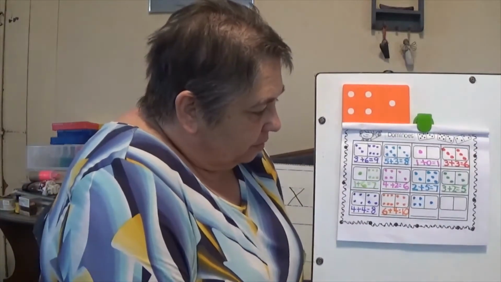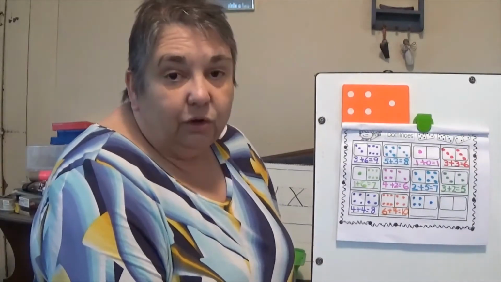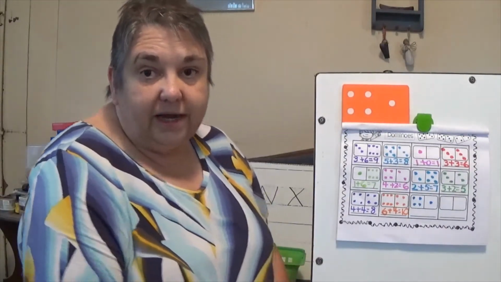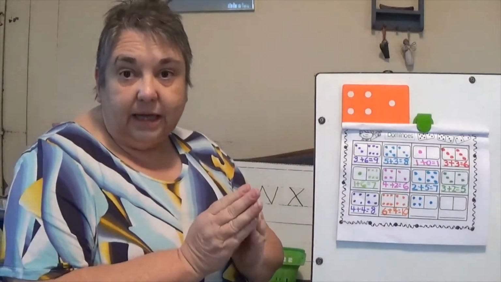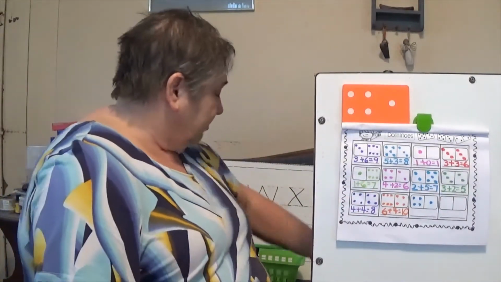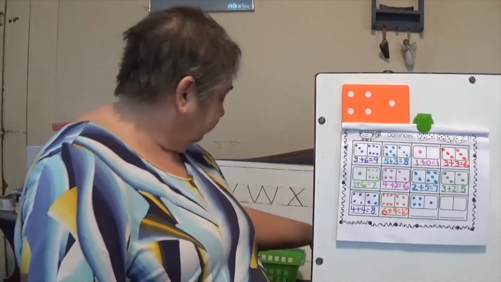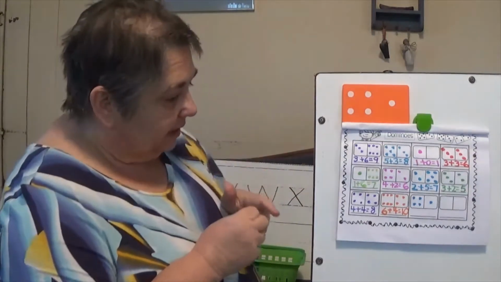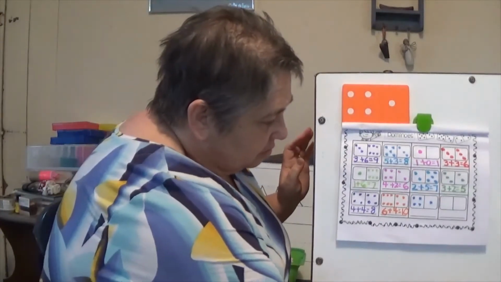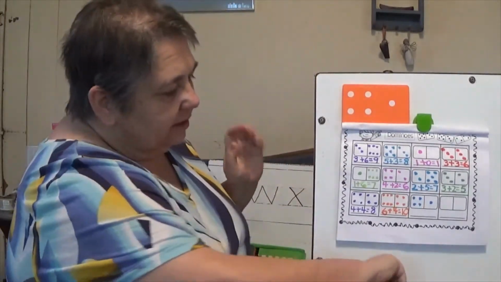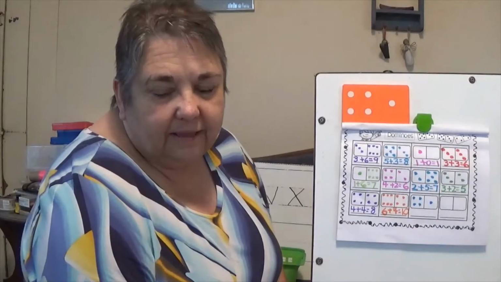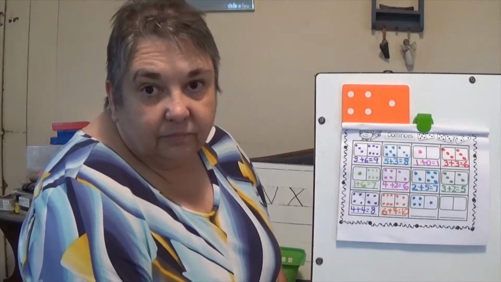Once you have your domino looking like my domino, go ahead and write your addition equation. That means we're putting things together. And then I want Mia to tell us the addition equation to write. Are you ready?